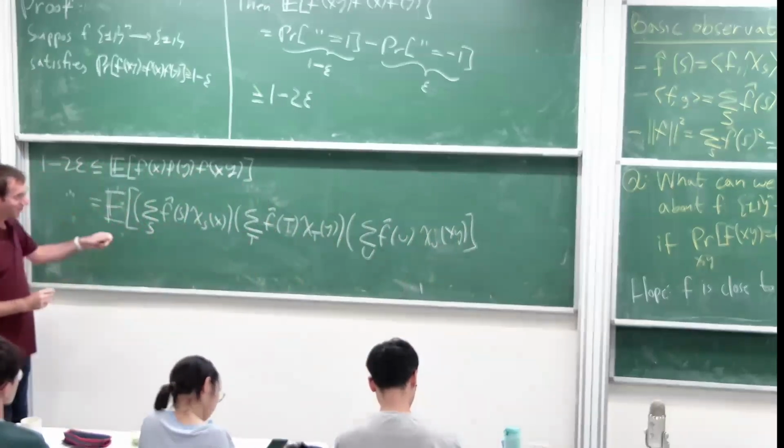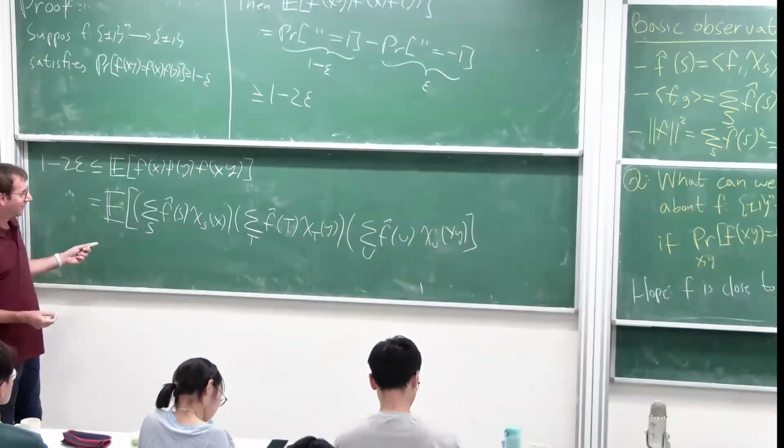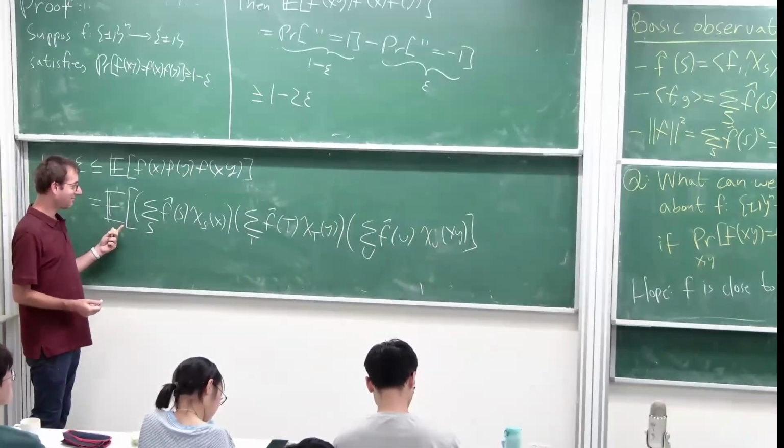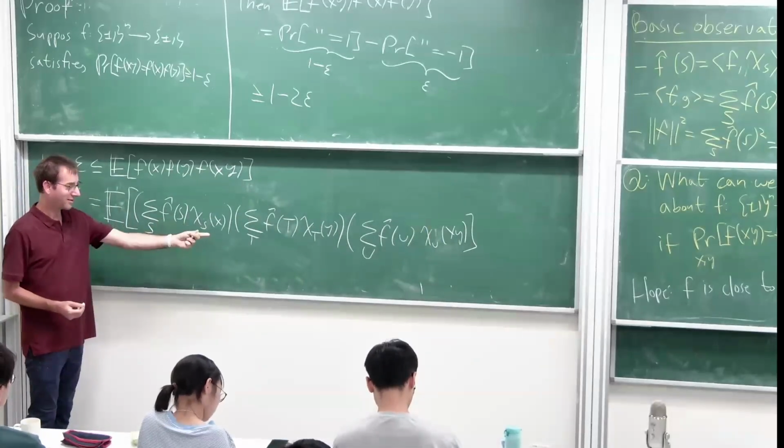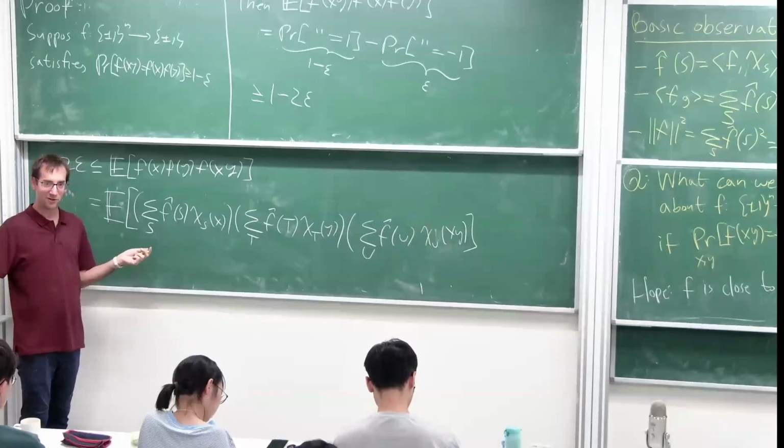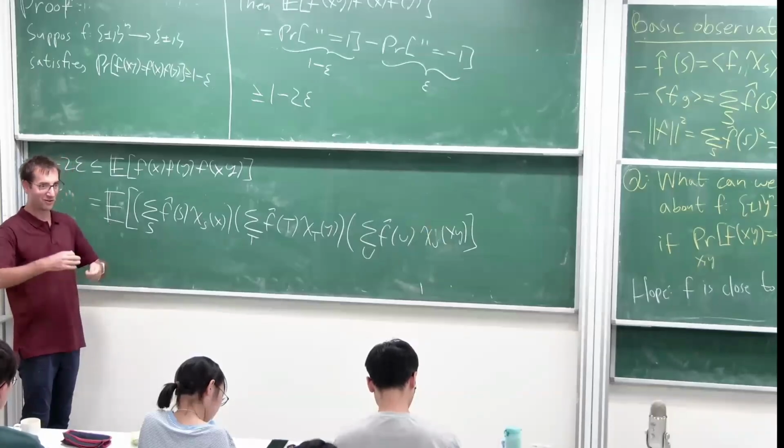Now we're going to do a few steps at once: turn this triple sum into just a sum over s, t and u. We use the distributive law, and then the linearity of expectation.